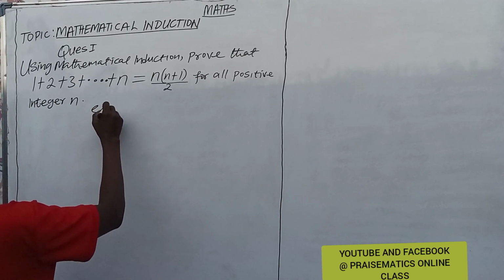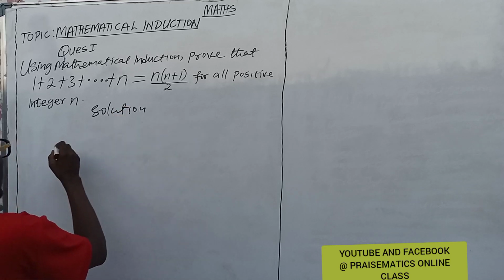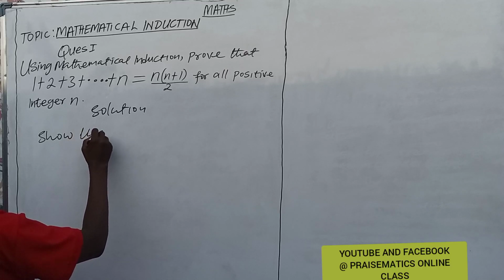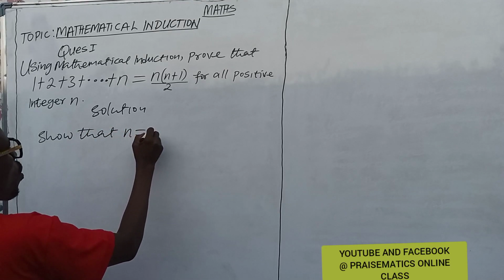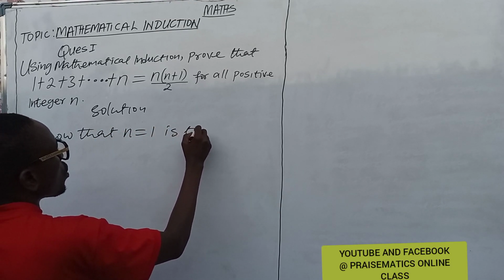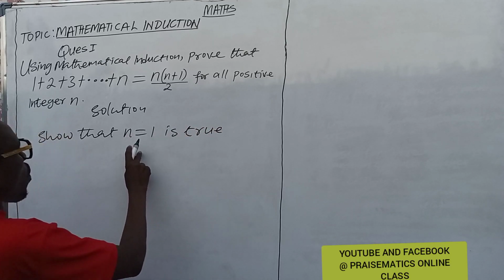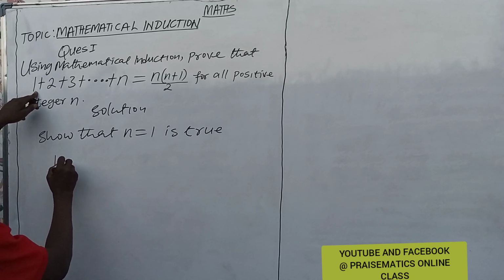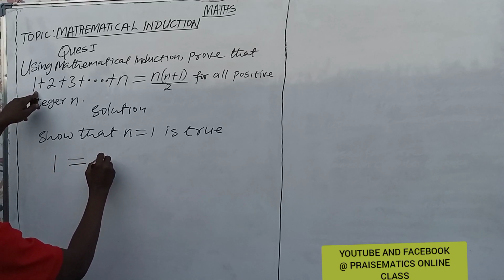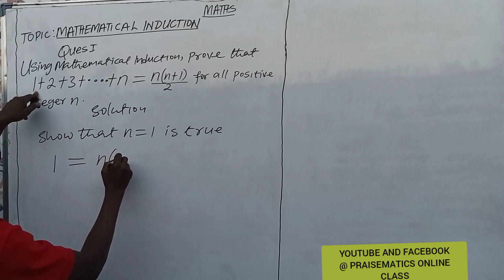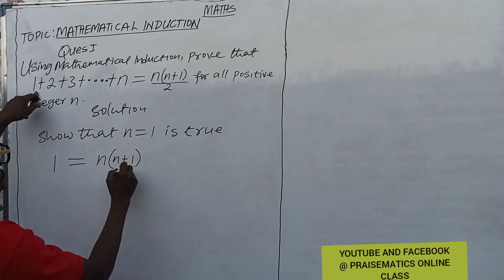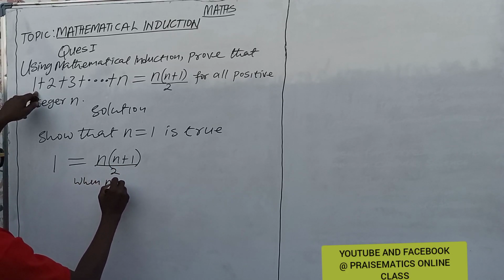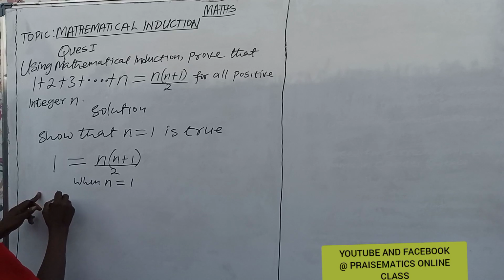Solution. First, we need to show that it is true for n equal to 1. So we need to test for n equal to 1. From this question, pick 1. This is the first one, 1. Is it equal to n into n plus 1 all over 2 when n equals 1?